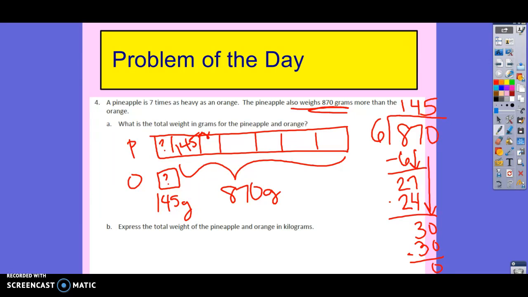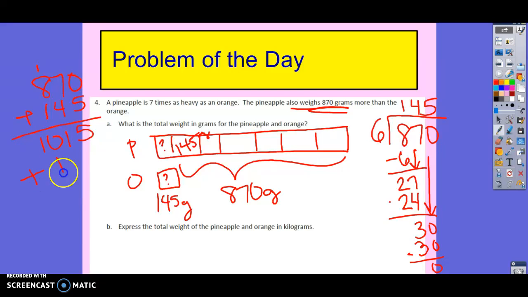Well, now we need to figure out the weight of the pineapple. I know the pineapple is 870 plus the 145. So the weight of the pineapple is 1,015 grams.